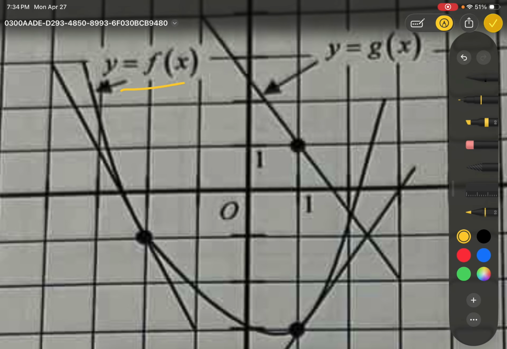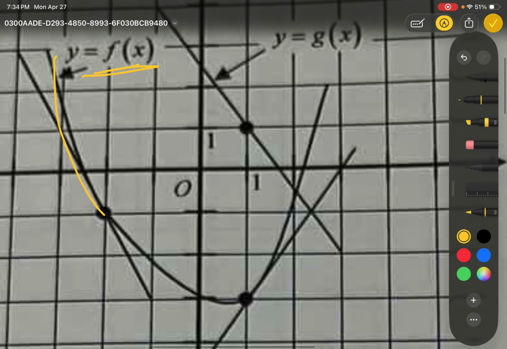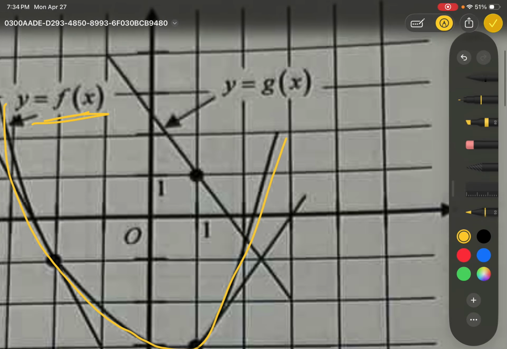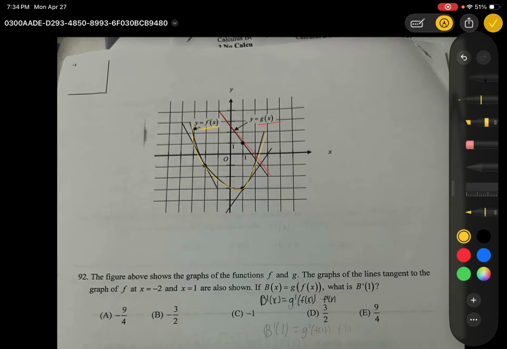Let's say that f of x is this function here, and g of x is something like this, this straight linear. So let's find f of 1. At 1, our value is going to be negative 3.